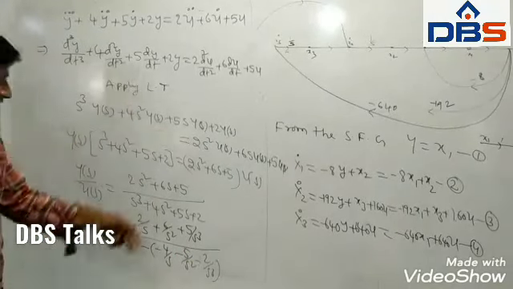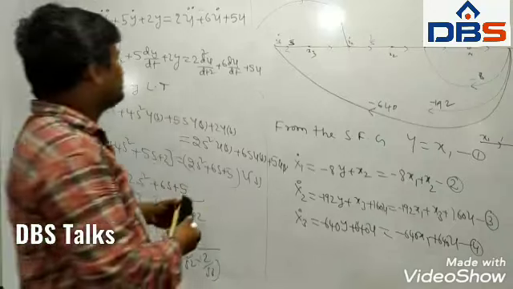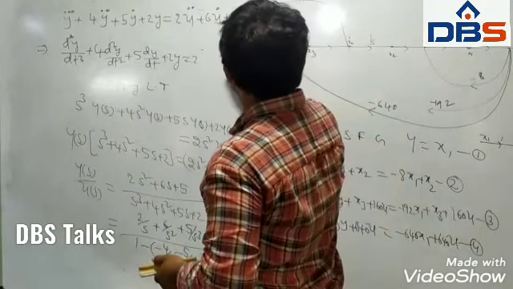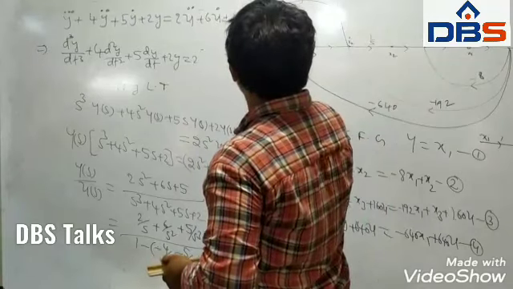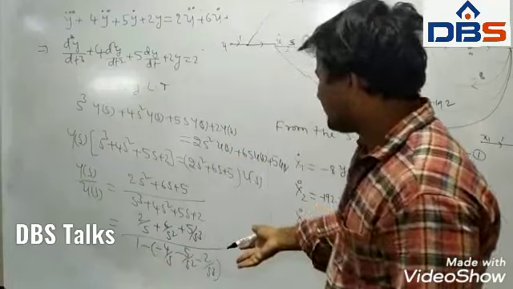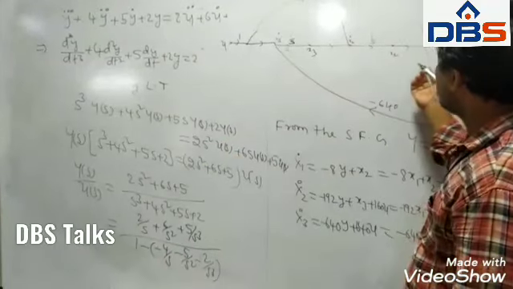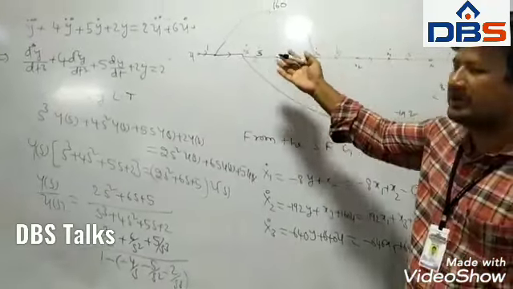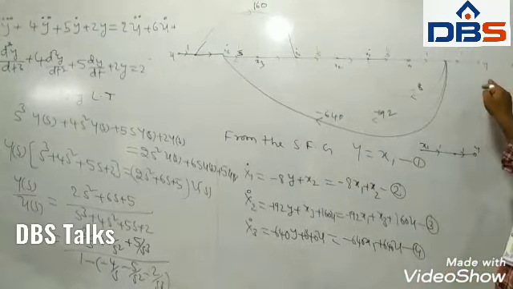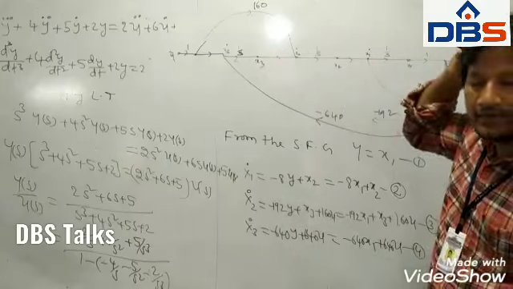And this may be arranged as usual. So this is u, this is 1. So x1, x2, x3 as usual: x1, x1 bar, x2, x2 bar, x3, x3 bar, and in between put a 1 by s. This is the transfer function output and u is the transfer function input.